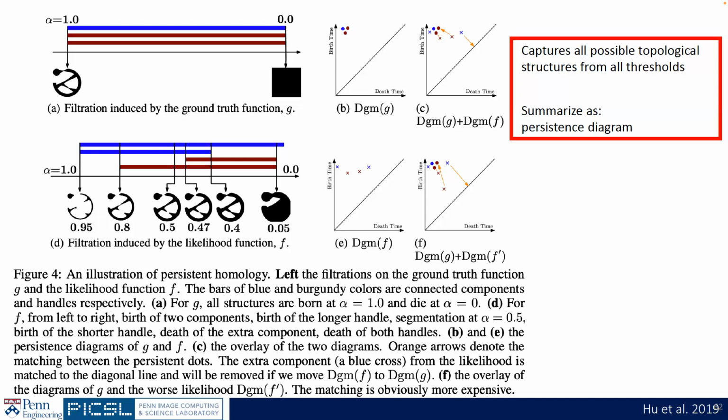In the paper, there are ways to compute this loss function, and then you plug that in along with your Dice loss and train on that, and the hope is that you get corrected topology for your segmentation. These kinds of diagrams are called persistence diagrams.